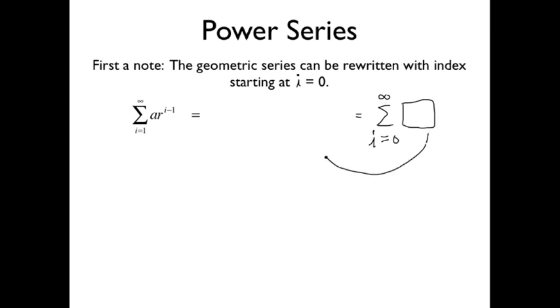We want it to be the exact same sum. So if it's the exact same sum, it has to generate the exact same terms. Okay, so first write out what it means. And then you're going to take a look at what you wrote and come up with a way to get those exact same terms, but where i is starting from 0 instead of i starting from 1. And I think you'll find out this is not too difficult if you know what's going on. It's pretty easy.